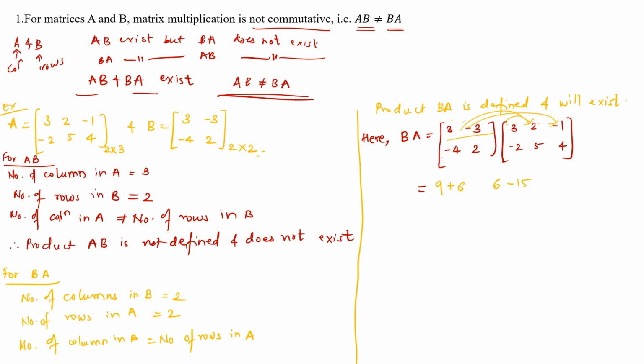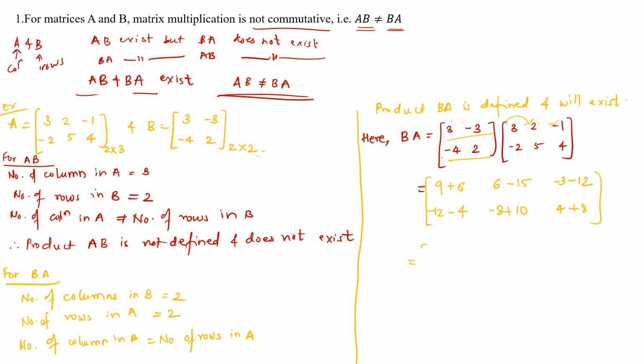First row and third column. तो ये होगा minus 3 minus 12. Next we will keep the second row constant and multiply by columns one by one. So ये होगा minus 12 minus 4, then minus 4 into 2, that is minus 8 plus 5 into 2, 10, then minus 4 into minus 1, 4 minus minus plus 8.